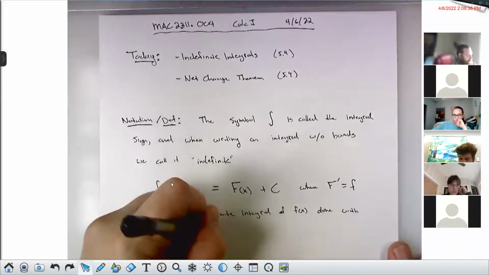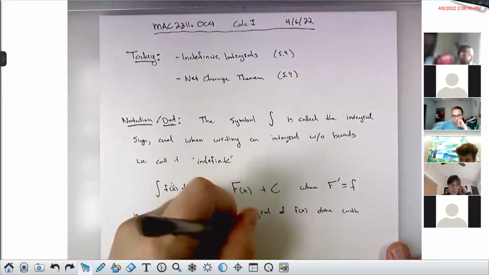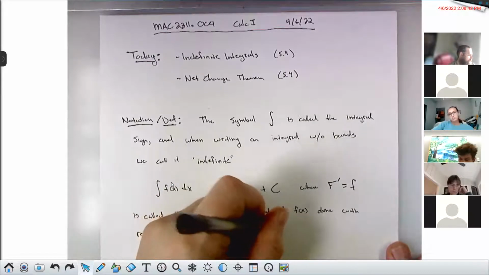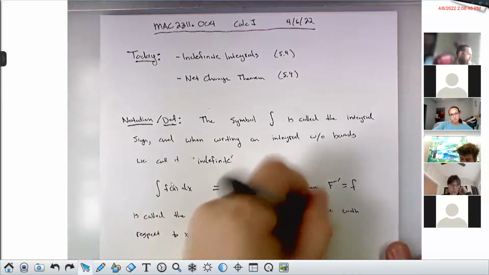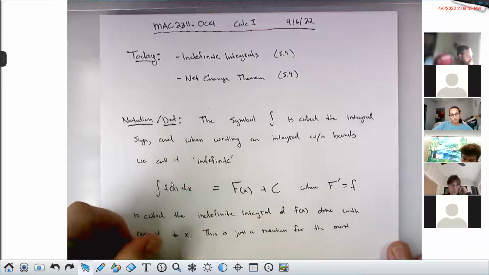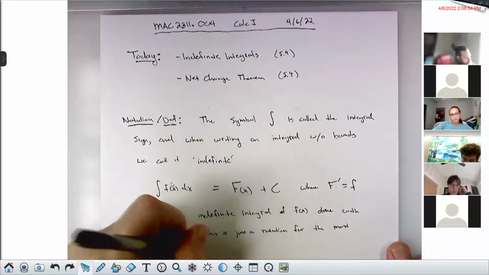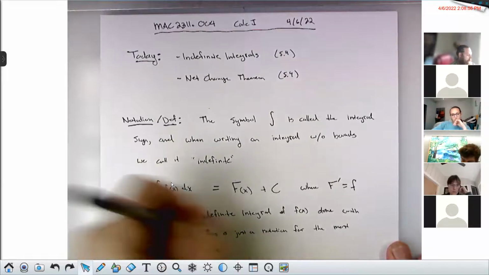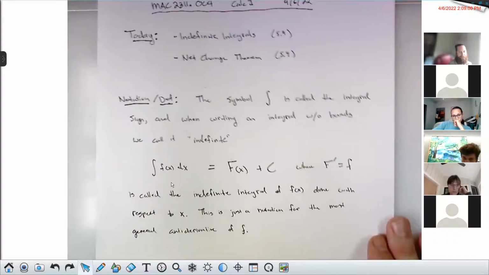So this is just a notation for the most general antiderivative of the function little f. That's all.